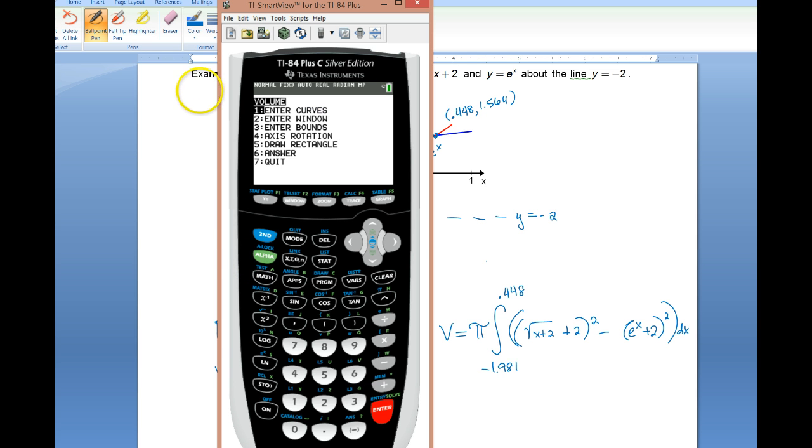So now our bounds we can enter, because this is bounded, right? If they intersect at two different points, we can have the calculator do this graphically. I prefer to just put them in manually, but you can have the calculator find that for you. So I'll just, oh, did I click the wrong thing?